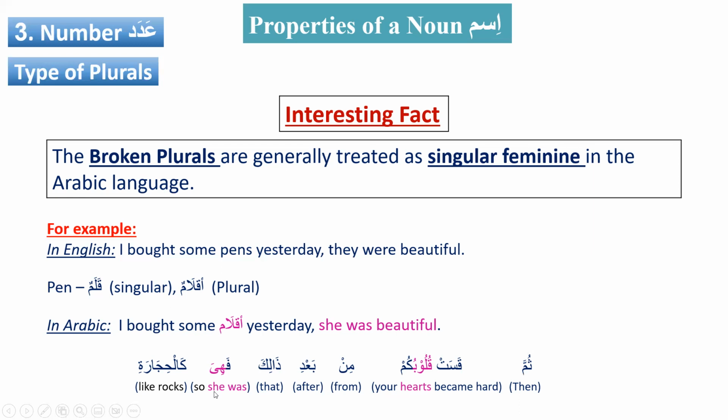If it was not treated as feminine, then instead of hiya, which means she, it would be hum, they. So this is an example from Quran where a broken plural is being treated as a singular feminine. So this is a very important fact.